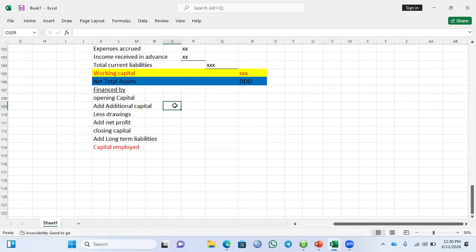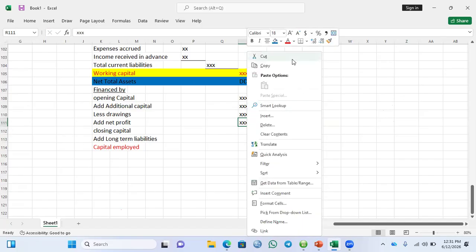Okay, so financed by, you put your capital here, you add the additional capital, you less drawings, or you subtract, you add net profit. So actually, some students prefer to do all the addition before they less, but it doesn't matter how you want to present it in that case. Right. So then this will give you the closing capital.